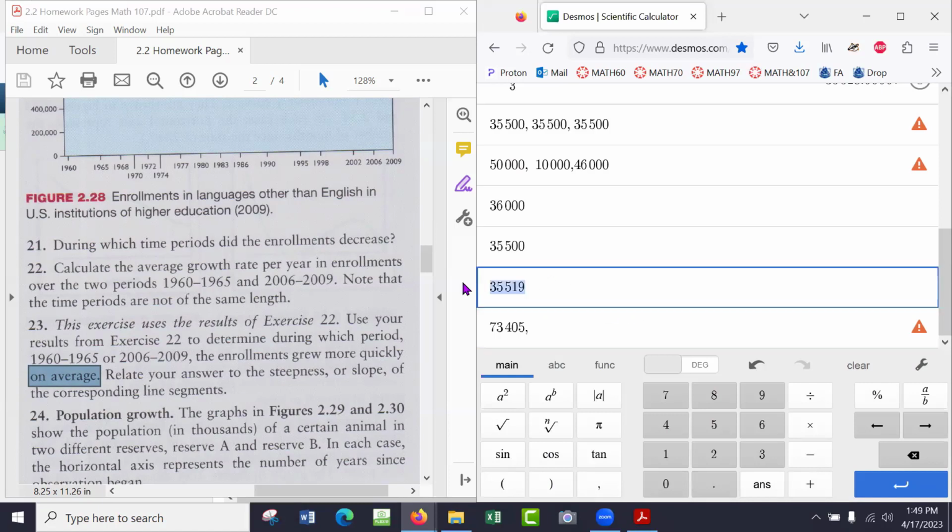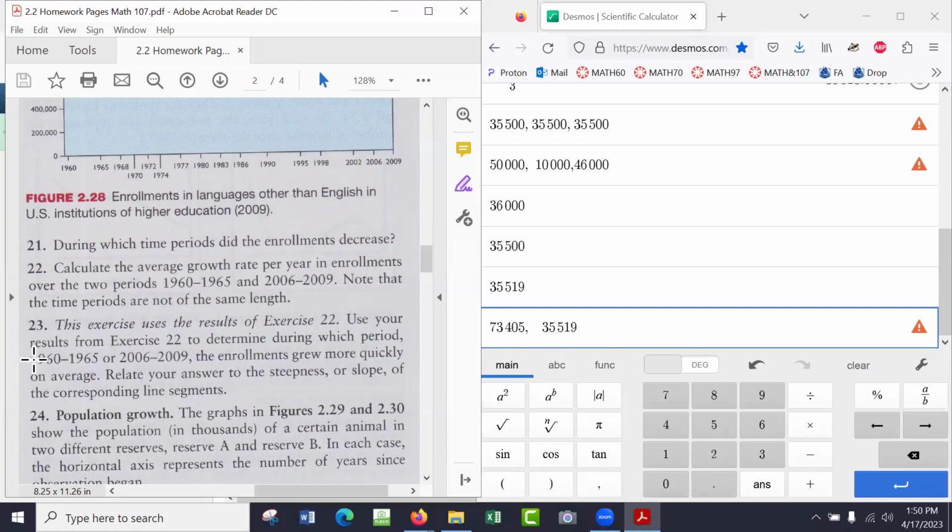The other average growth rate was 35,509, which is smaller. So on average, the enrollments grew more in 1960 to 65 than in 2006 to 2009. So students were taking more non-English language classes from 60 to 65 than from 2006 to 2009. That's the answer there. So it's this period, 1960 to 65. The average was more.